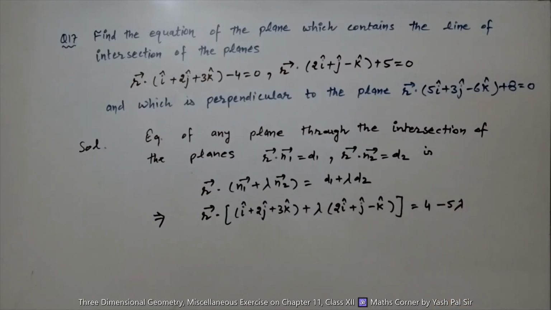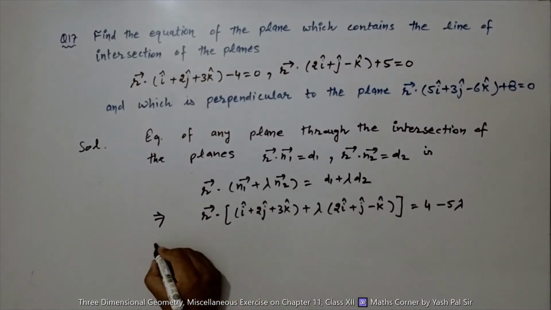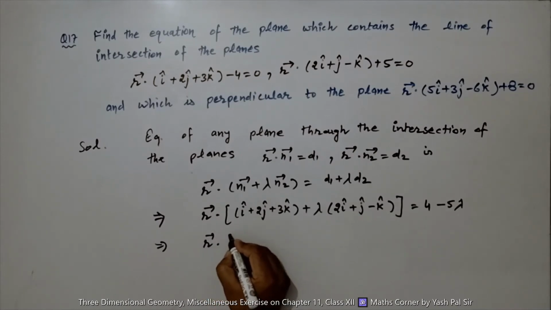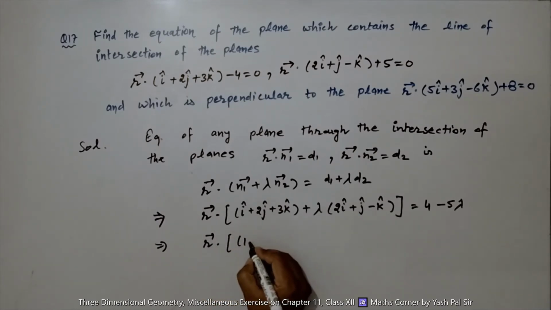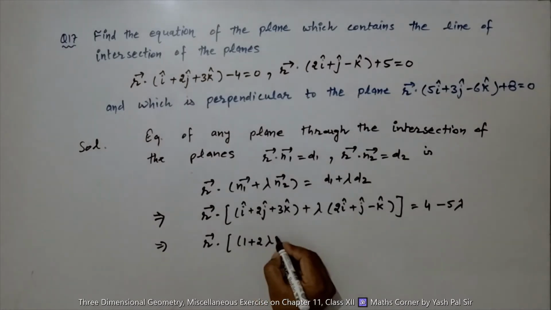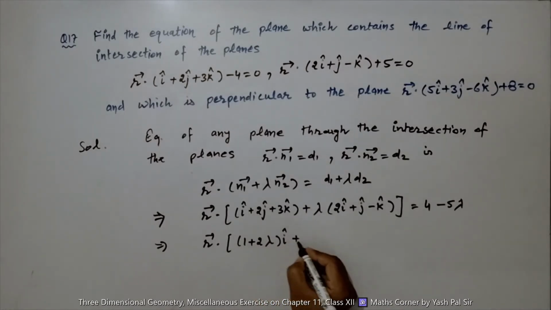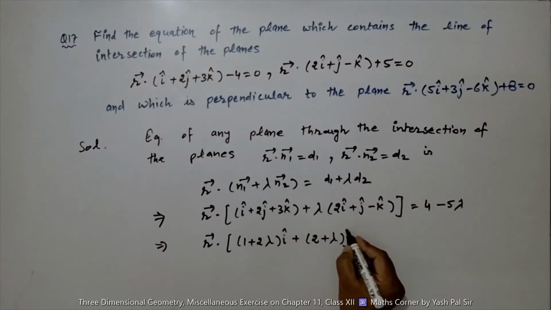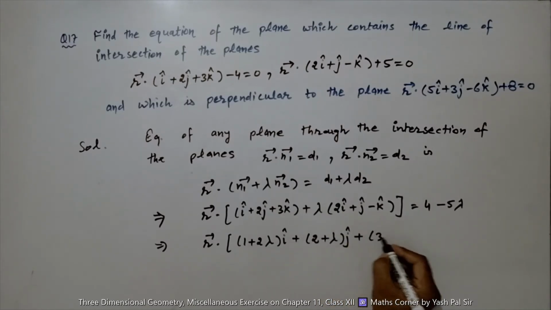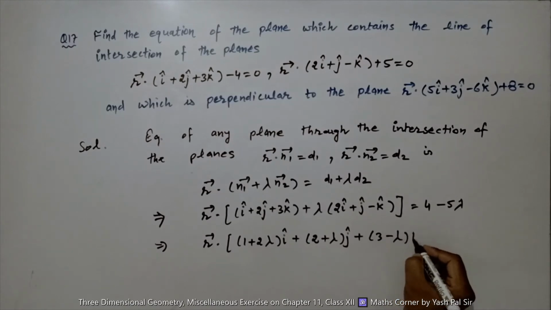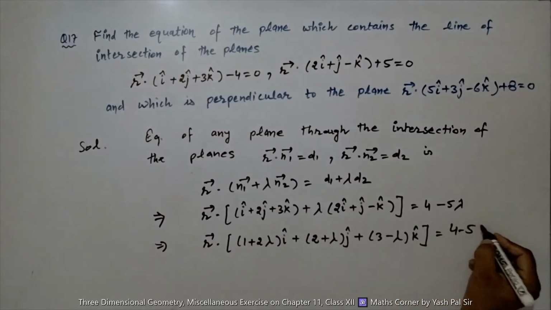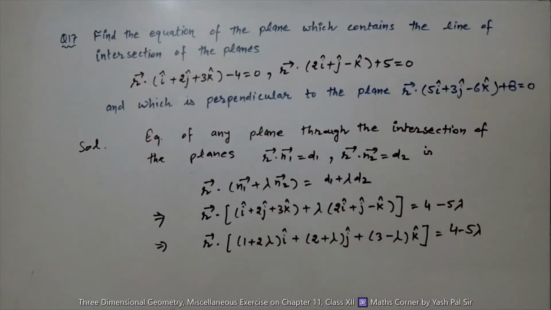Now in short we can write r dot (1 plus 2 lambda) i cap plus (2 plus lambda) j cap plus (3 minus lambda) k cap is equal to 4 minus 5 lambda.